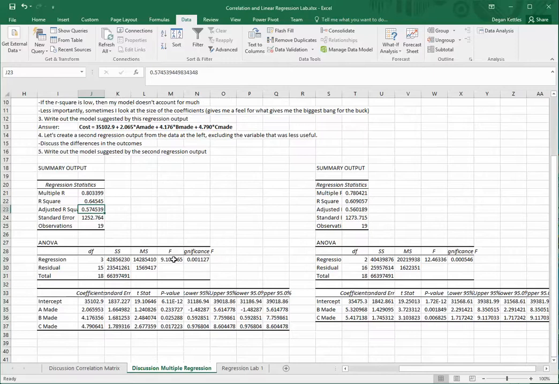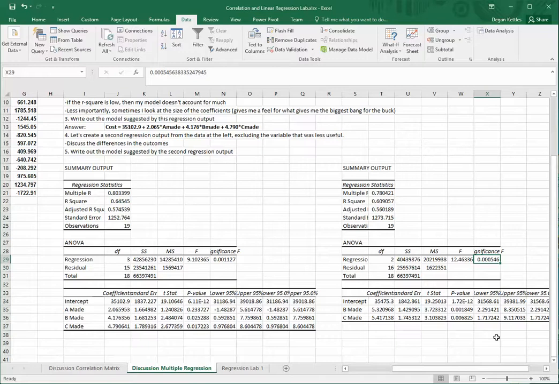Now let's go down to this f value. Over here, this f value is higher. So my new model actually looks like it's better, and this significance value is lower, meaning the probability has gone up that my model matters, and that the outcome we got wasn't just by chance.